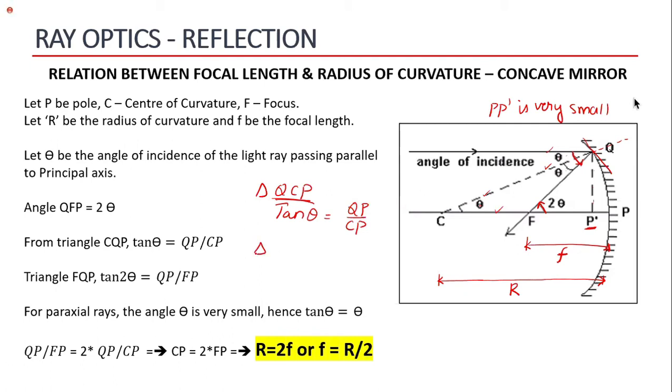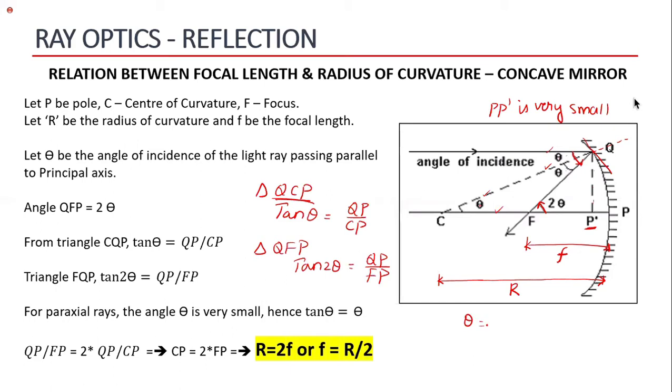Now I'm going to take my triangle QFP. From that, tan 2 theta is equal to QP divided by FP. For very small theta, tan theta is approximately theta.